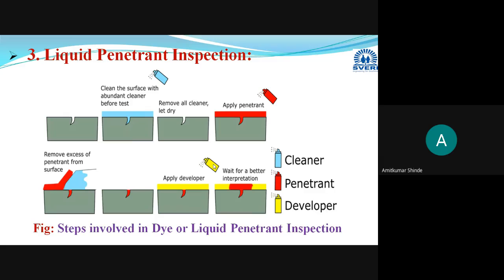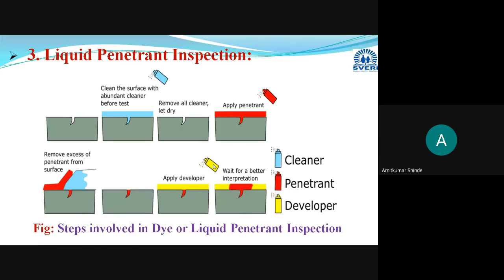That zyglo dye is used as a penetrant liquid, and it will be observed under ultraviolet light in the dark room, where it will emit some light. That's why that method is termed the fluorescent penetrant inspection method, and the penetrant dye used is zyglo dye. This is just for your information.